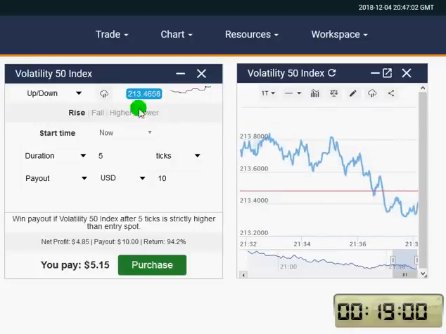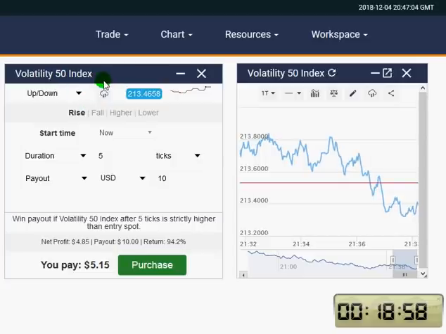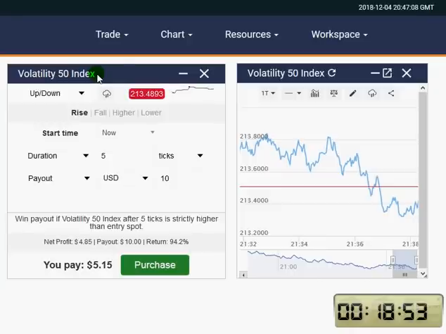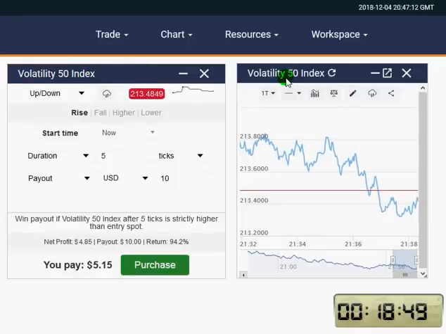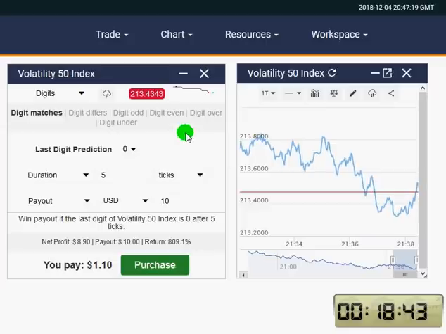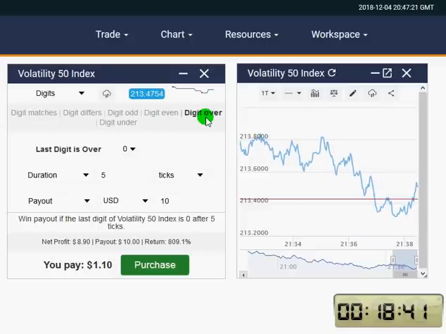So let's set the trading interface first for the volatility index 50. So we are going to change this to digits. Then we are going to change this to digits over.